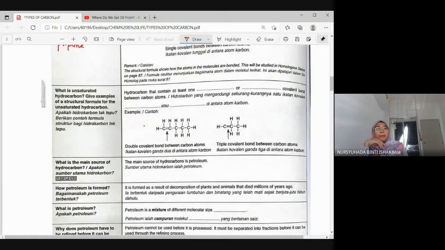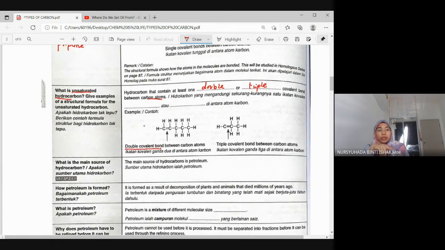Okay, now. So, apa pula dia unsaturated? Hydrocarbon that contains at least one double or triple covalent bond between carbon atoms. Okay, this one is the example. Double covalent bond. Tengok ni. At least dia ada one.